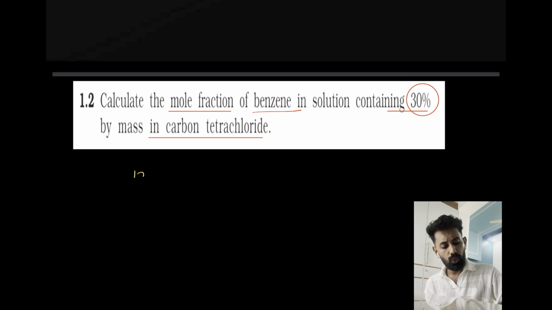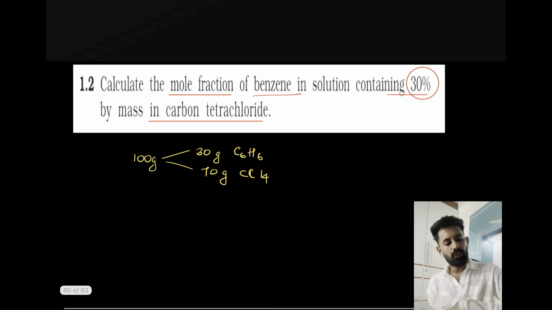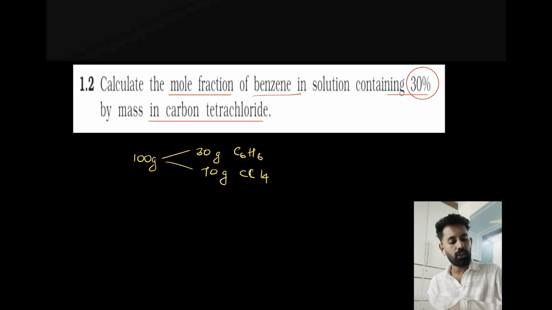That means out of 100 gram of the solution, we can certainly say that there is 30 gram of benzene and the rest of the mass would be 70 gram, that is the CCl4. Okay. So from this mass data, you can find the number of moles of each. Let's say number of moles of benzene would be 30, mass of benzene, divided by molecular mass of benzene, that is 78.